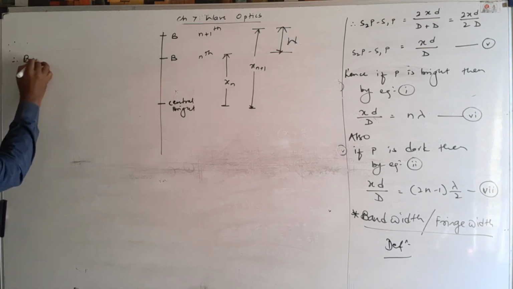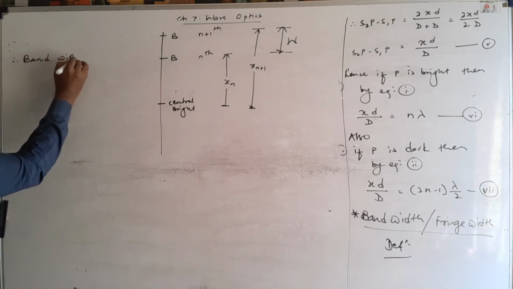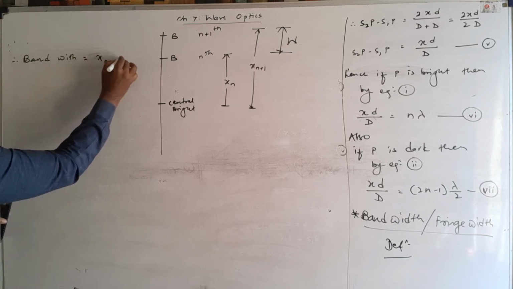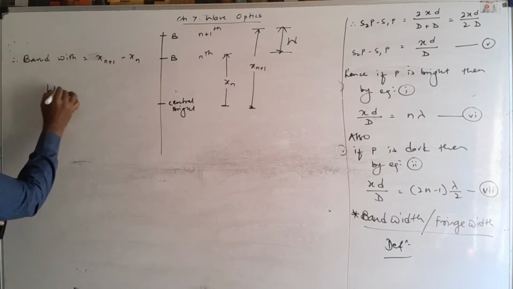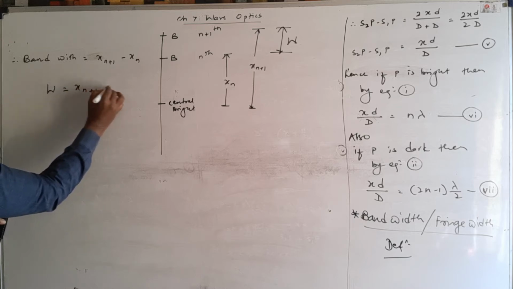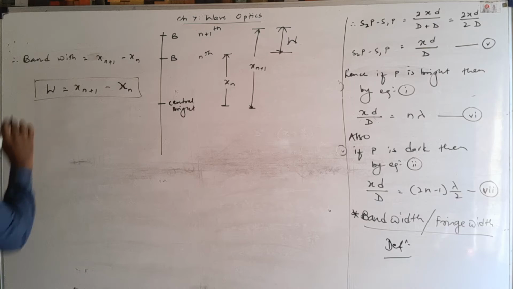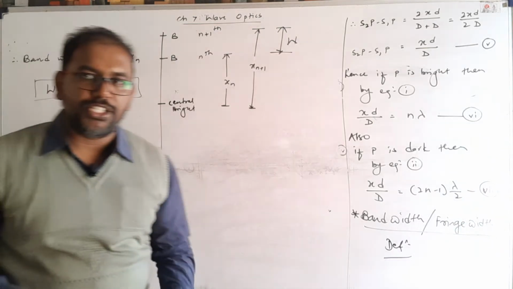Hence, bandwidth W is equal to xn plus 1 minus xn. So this is the formula in terms of distance.